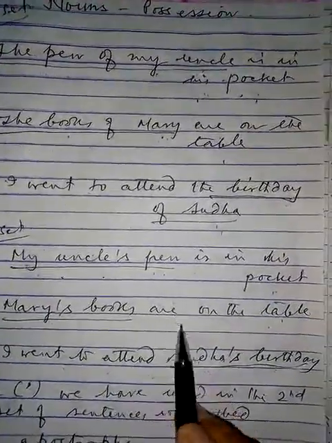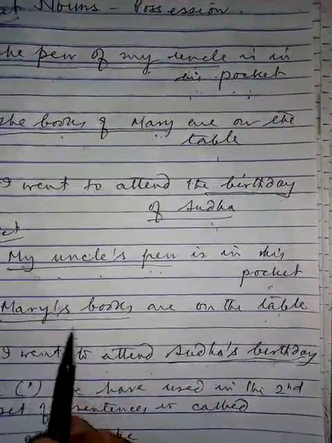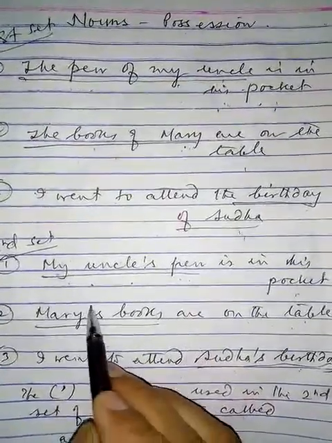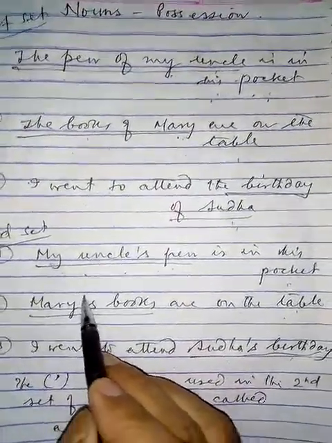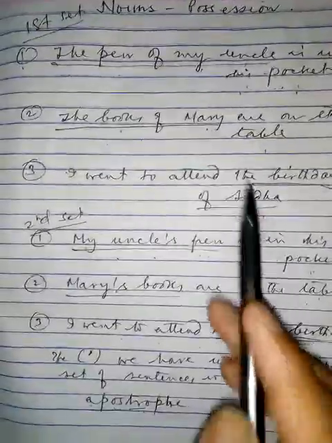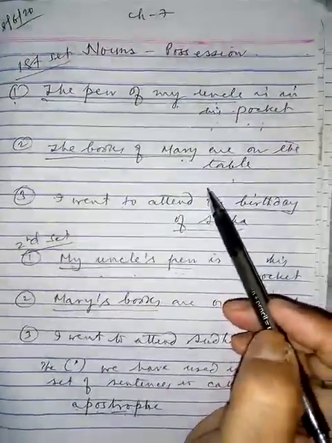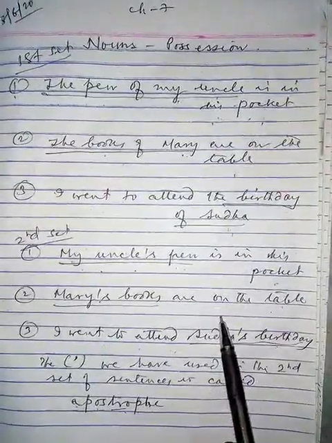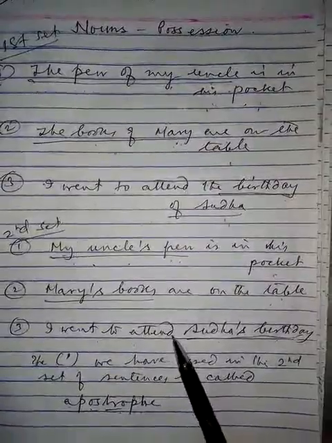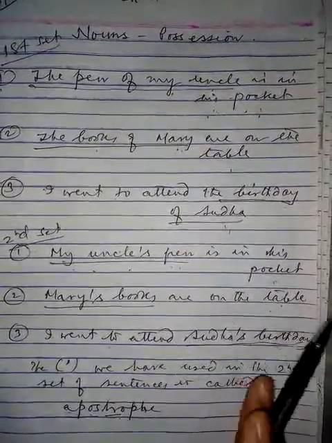In the sentences of the second set, I have used an apostrophe. This is not a comma. It is called an apostrophe. All these sentences should be written in a different way, like this. These are called possessions.